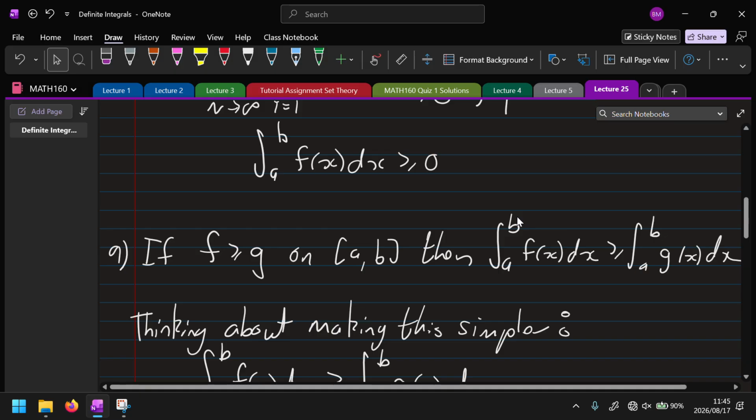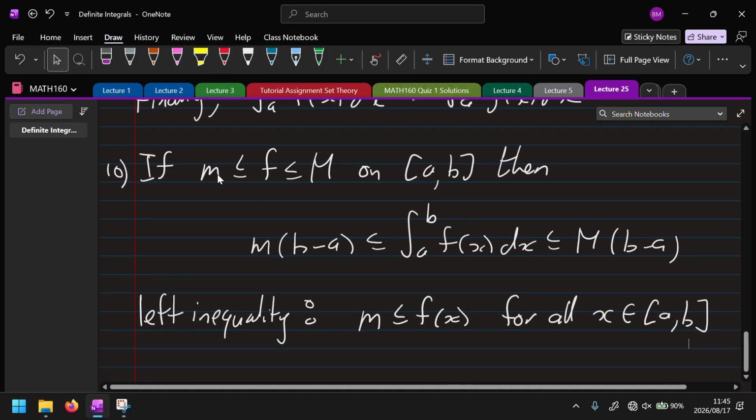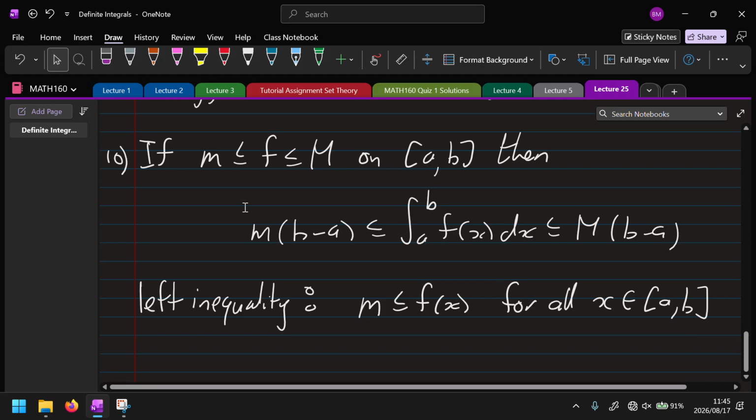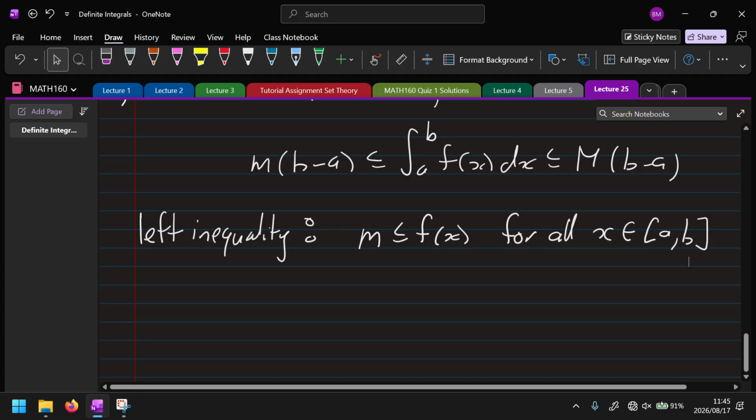So we're going to treat this as a function inequality that we just proved over here. If f is greater than or equal to g, then we have that with the integrals. Now, over here, this g, we could just take as the constant function, little m. It doesn't have to be some function that changes with x. We just take m as a constant function, and then apply the property.